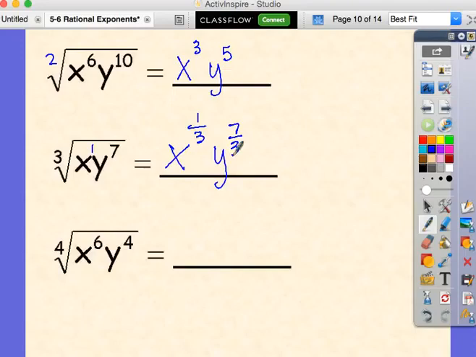Okay, the next one, x to the 6/4, which is then 3/2, right? 6/4 simplifies to 3/2. Yes. And y to the 4/4, which is just 1, right? Which is just y. We don't need to put 1.